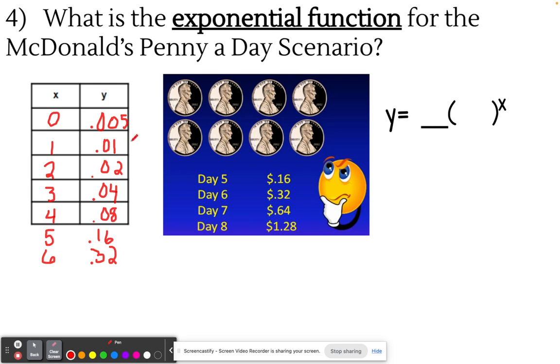So as I double, you can see 0.005 doubled is 0.01, doubled 0.02, 0.04, 0.08, 0.16, 0.32, 0.64, 1.28. So my starting point is 0.005, and I am doubling, so 2 to the power of x.